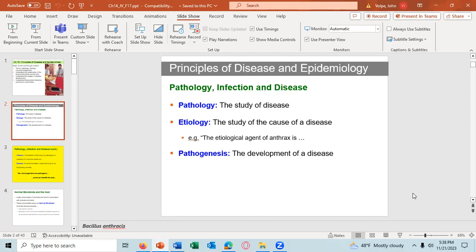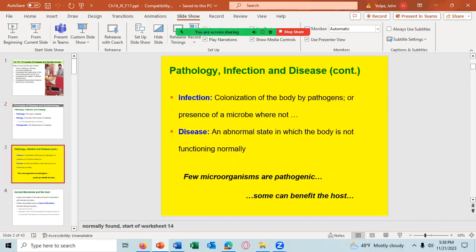All right. Pathogenesis is the development of a disease. Infection is the colonization of the body by human pathogens or the presence of a microbe where they are not normally found.